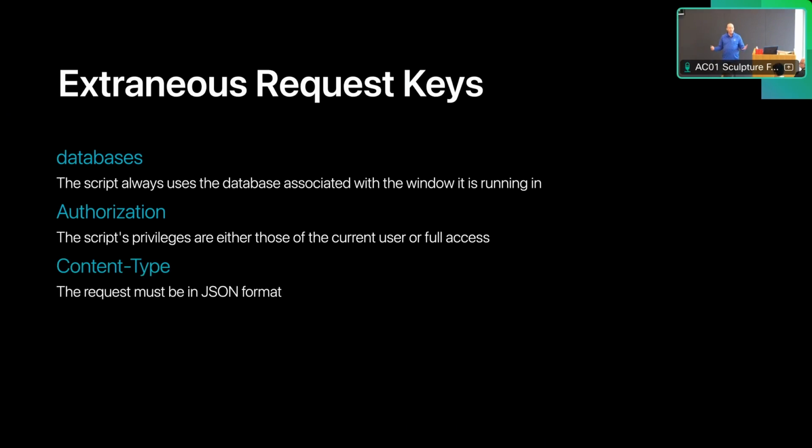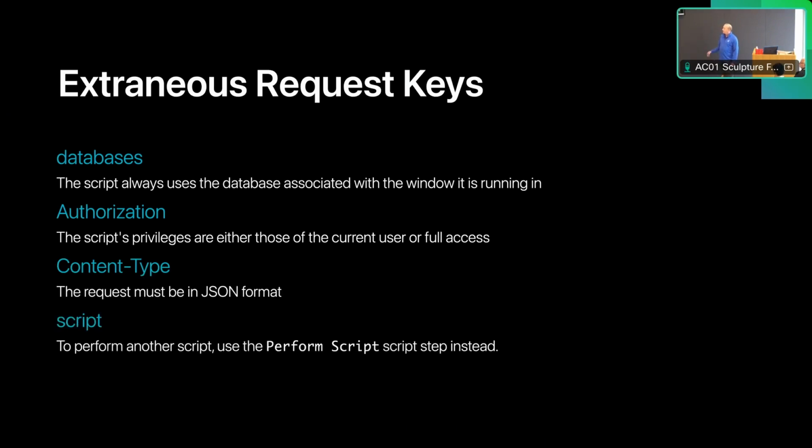Content type, it's always going to be JSON, so we don't have to worry about setting that. And then also, when you're using the web service, you can have it run a script as part of your request. But in this case, because we're already running a script with a script step, if you need to run another script, you just use perform script. Do it that way.